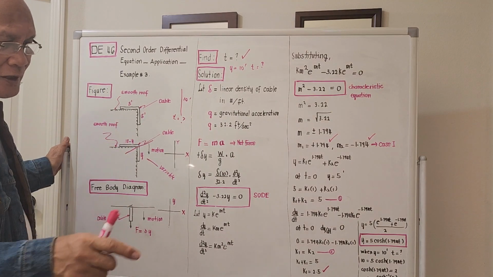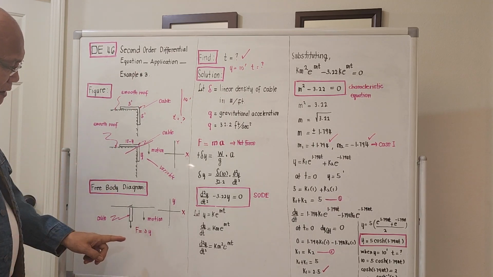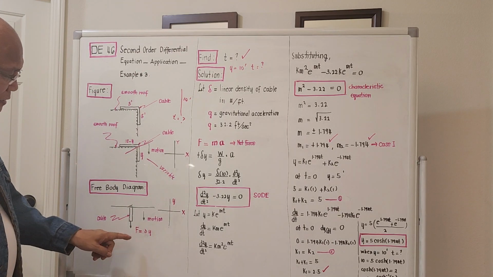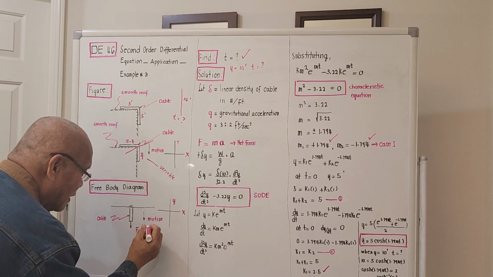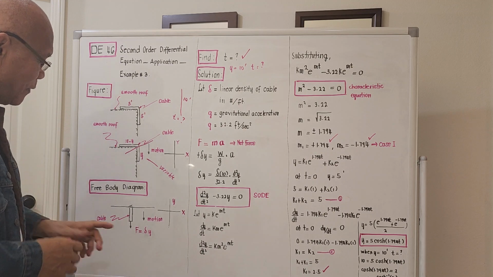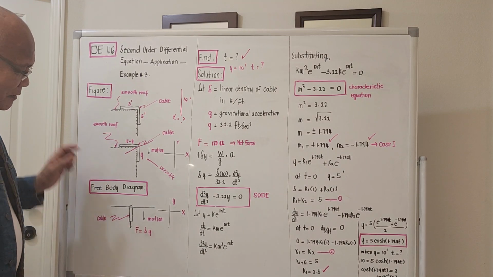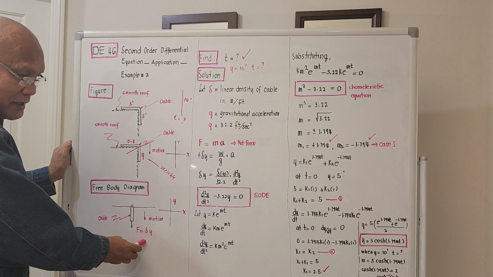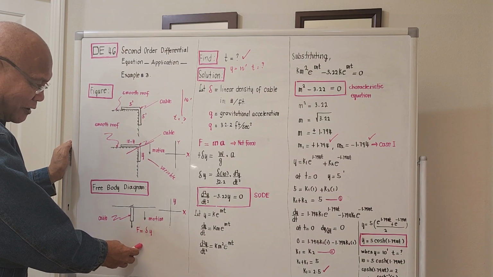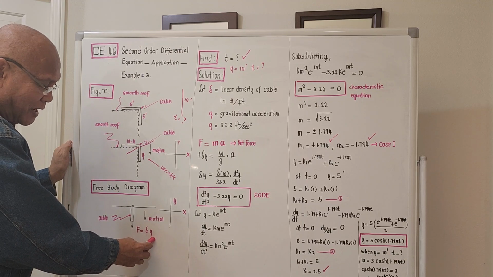The only force acting on the cable as it slides off the roof is represented by capital letter F, which is equal to delta times y. Delta is the linear density of the cable times the length of the cable at any moment in time.